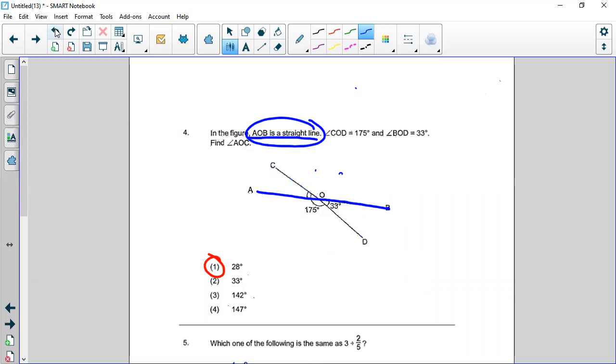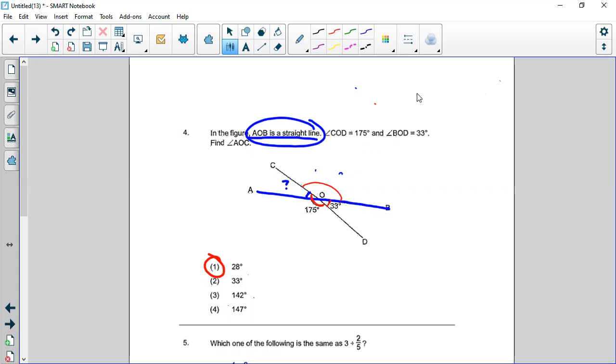So what's the question mark? You're supposed to find angle AOC. How to do that? If you look carefully, you can see that this is 175, and there's a 33. Then you can find this angle already, because the angles form a circle.